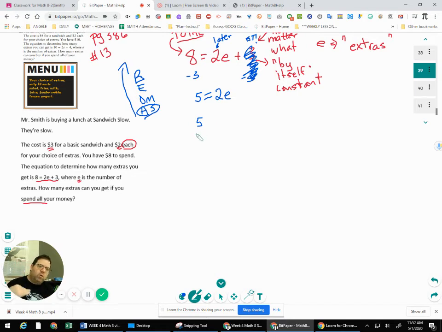We're always working backwards when we solve these equations. So the opposite of multiplication, if the relationship between the 2 and the e is multiply, then we're going to use division, just like we used the opposite of addition is subtraction.